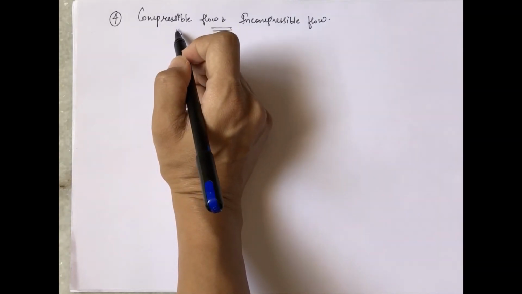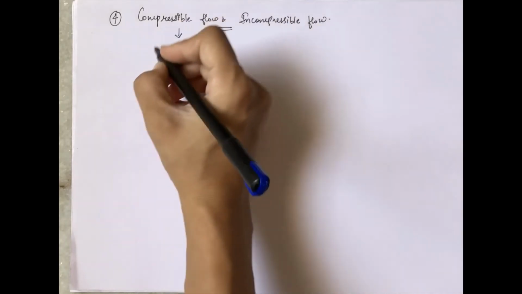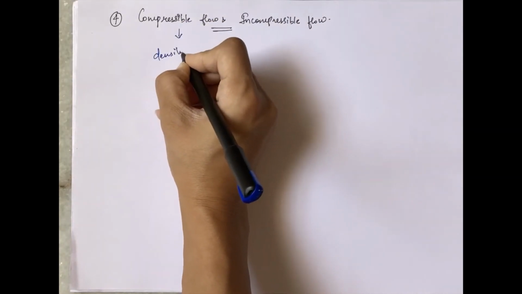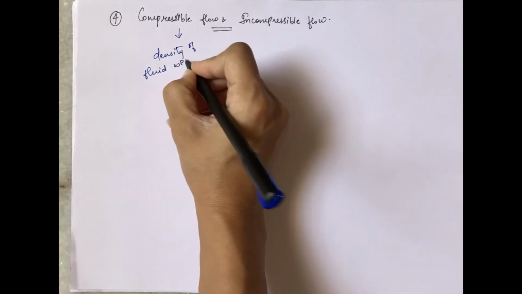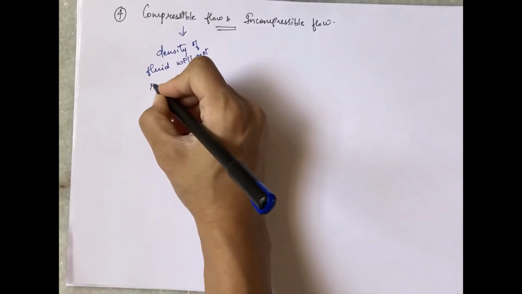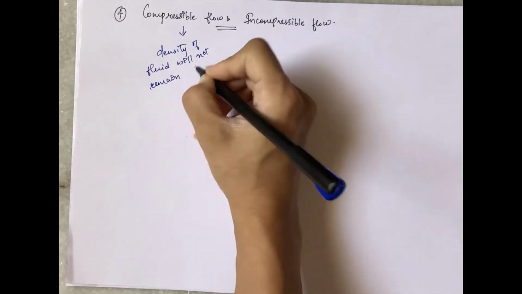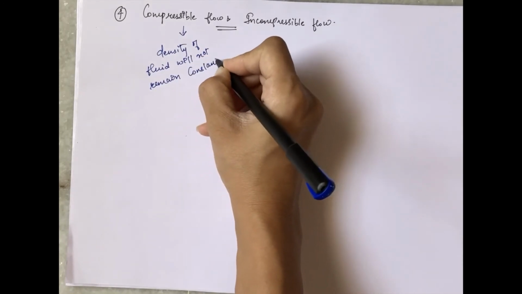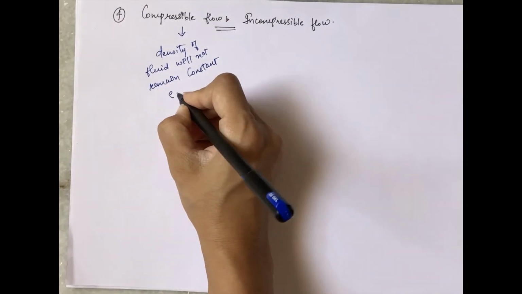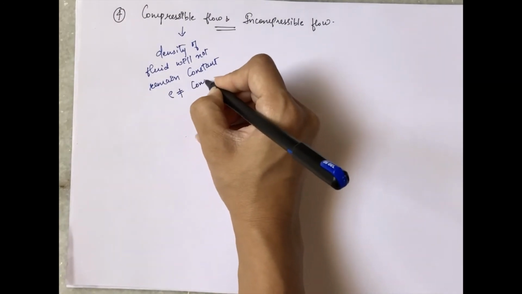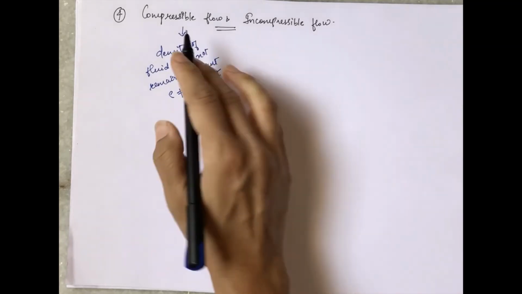And if the fluid is compressible, then which parameter will not remain constant? Okay, the density of fluid will not remain constant, that is, rho is not equal to constant in case of compressible flow.